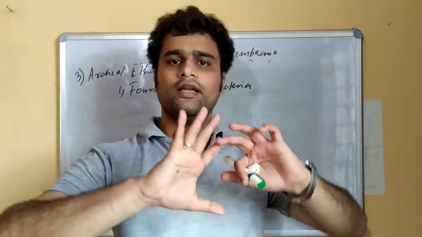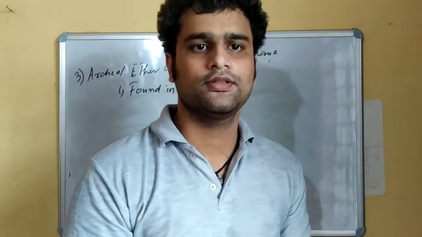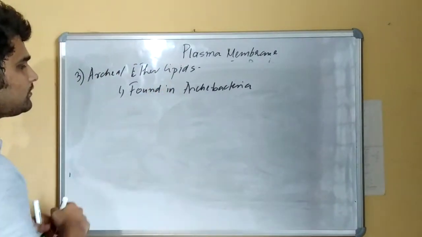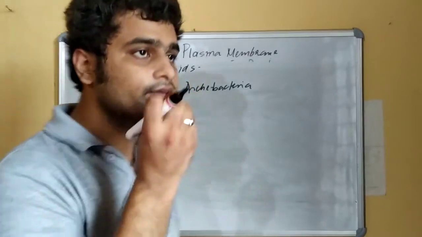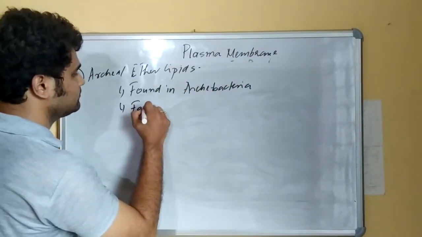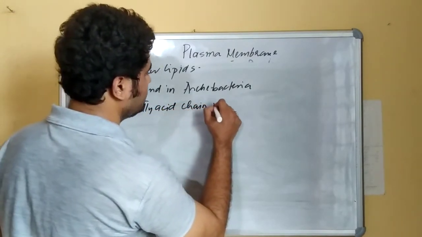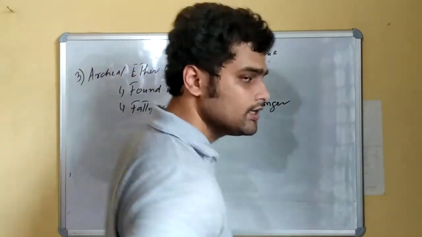So their entire plasma membrane constituent is different. Now, the primary difference is that the fatty acid chain is much longer, right?